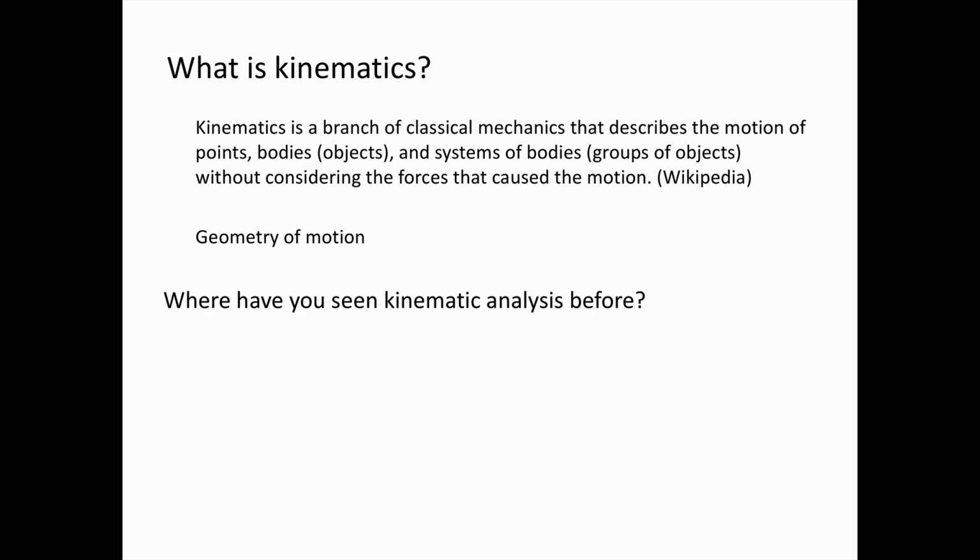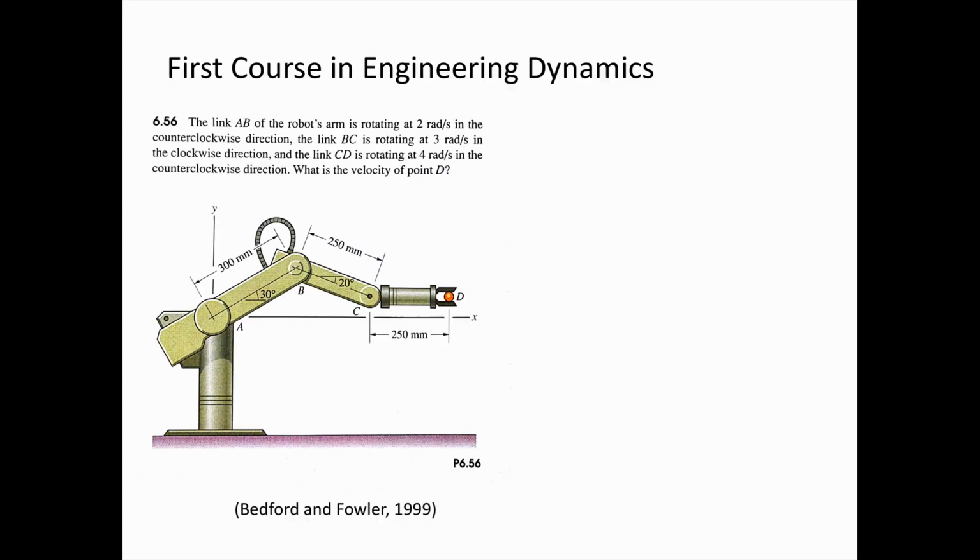So you've certainly seen some kinematic analysis before. Where did you see this? In a first course in engineering dynamics, usually students will learn some type of kinematic analysis of different kinds of mechanisms. So here is an example homework problem from a textbook that has been used for a first course in engineering dynamics.